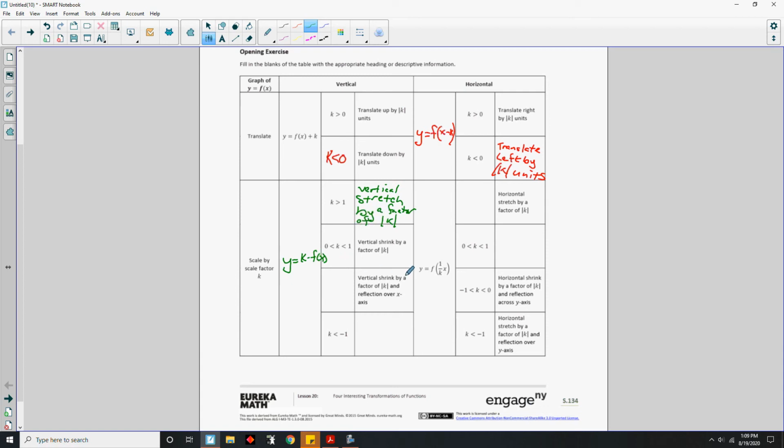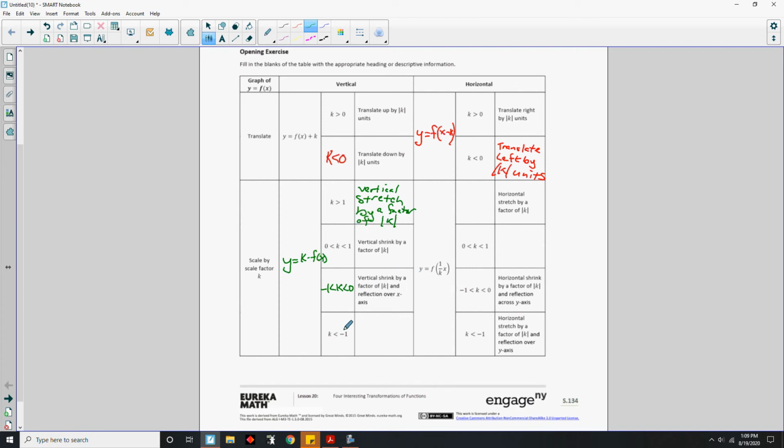And then vertical shrink by a factor of k and reflection over x-axis would make it a negative number. So now if we're between negative 1 and 0, this would be shrinking and reflecting.